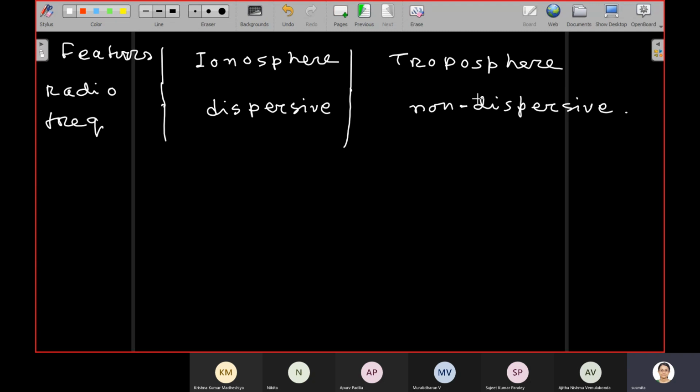Okay. So this completes the discussion of the ionosphere and troposphere. If you have any question, you can ask me. Otherwise, I will move on to the next topic and the final topic, which is GNSS receiver operating principles.